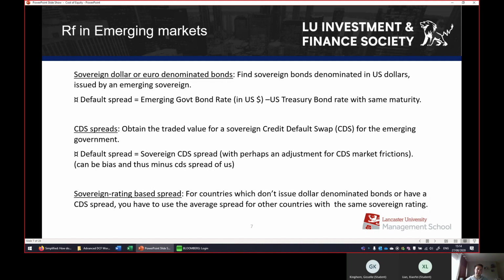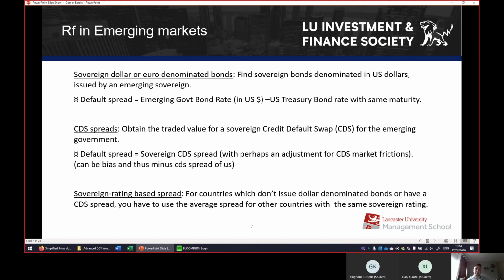So what I can do is figure out the default spread of the country, which is basically a percentage that is associated with the risk of the country. Okay, so I don't want to include that in my percentage. I just want the risk-free rate, but it's very hard to find the risk-free rate if I've got these risks on top of my risk-free rate.